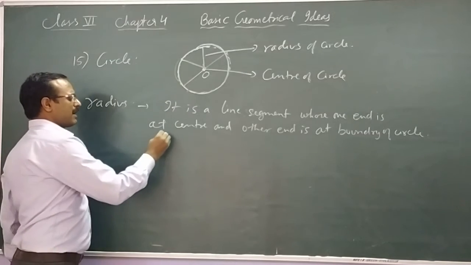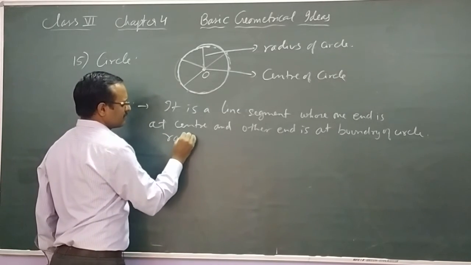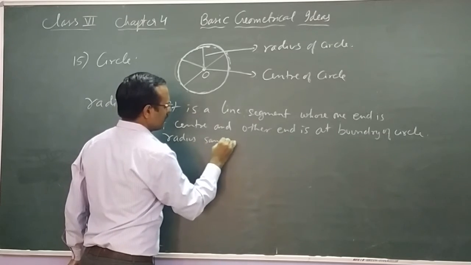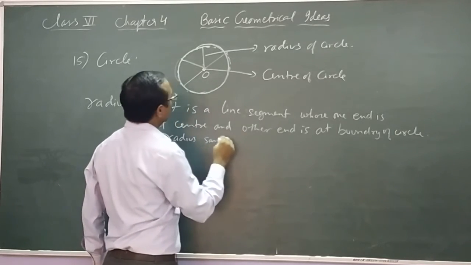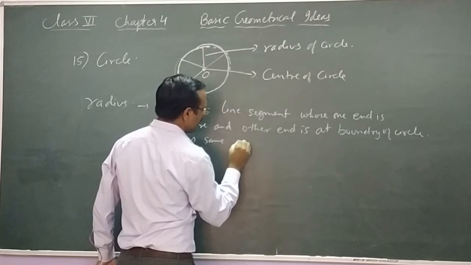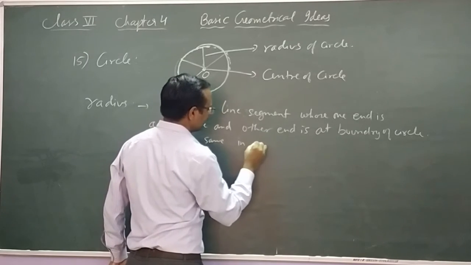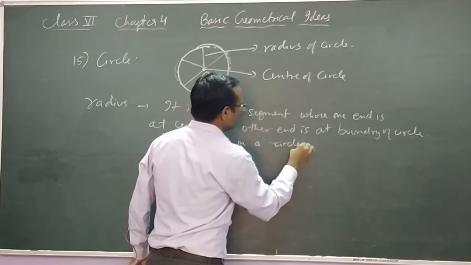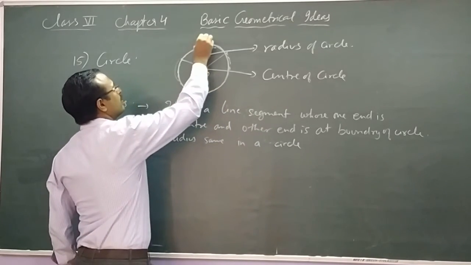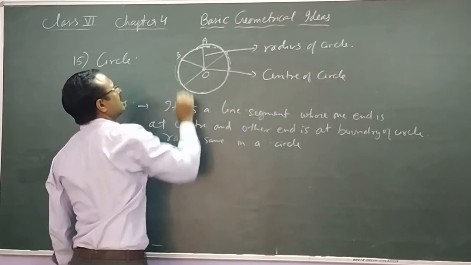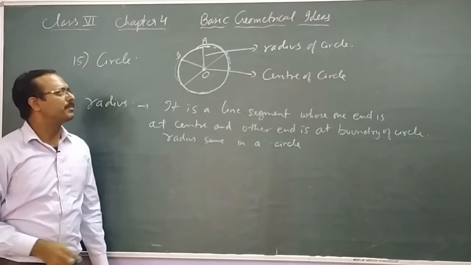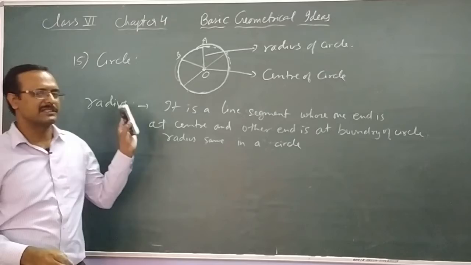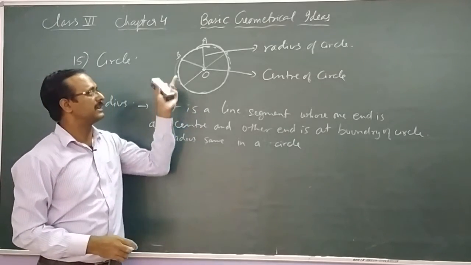Radius is the same everywhere in a circle. So if you put points A and B like this, OA and OB are both radii and they will have the same measurement, or you can say their length will always be the same.